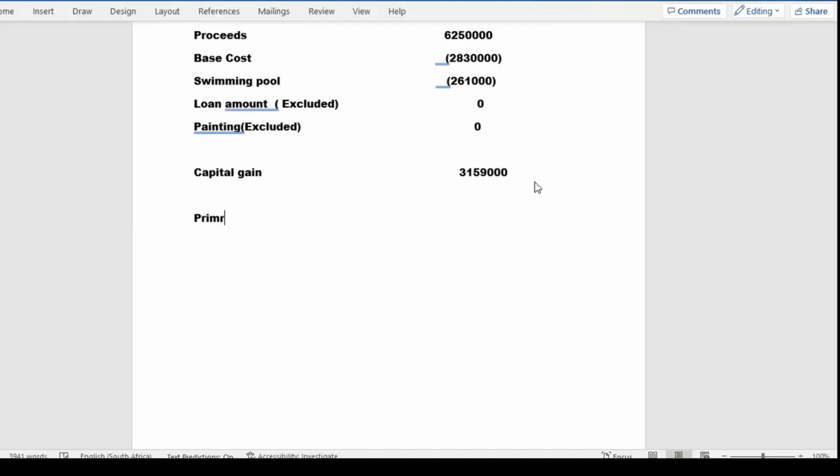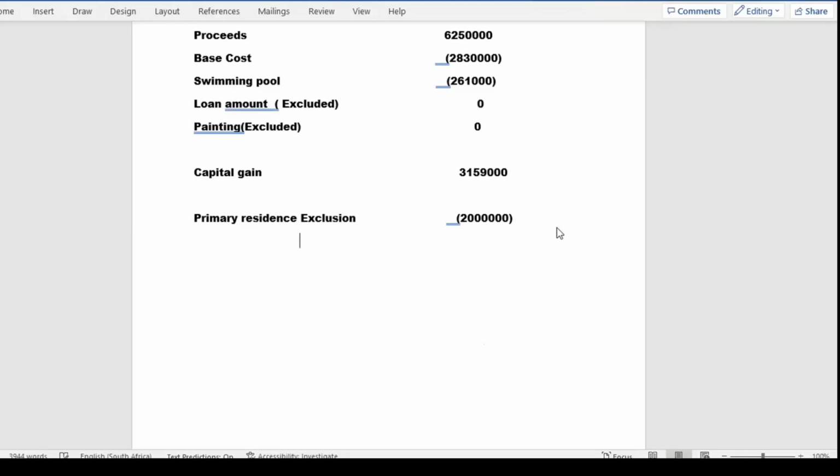You remember the 2 million. Residence exclusions limited to 2 million. So you are definitely going to have 1,159.